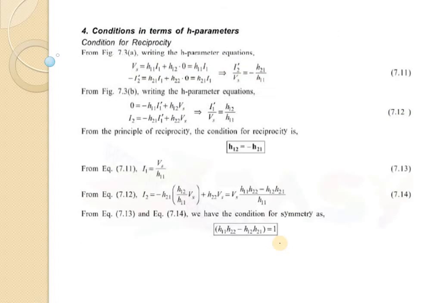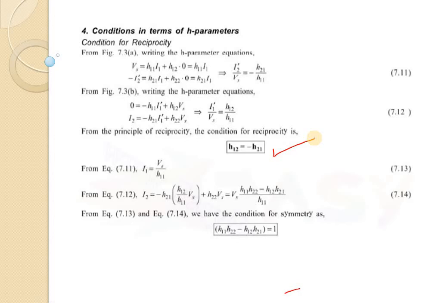Next, the conditions in terms of H parameters. The same calculations we have done for H parameters also, and we get that the condition for reciprocity is H12 equals minus H21. In that case, the hybrid network will be reciprocal.